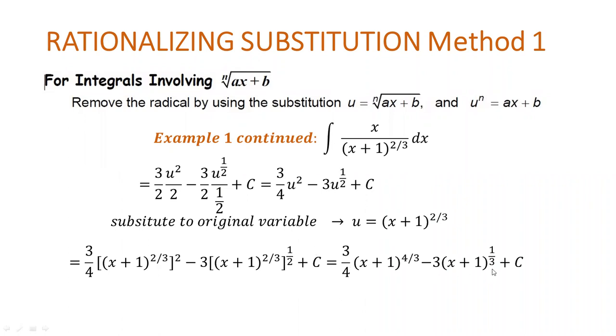Then simplify. I'm sure you know how to simplify and apply rules of exponents the way you have learned it in your algebra. So this is one example that illustrates how you use rationalization together with substitution, or how you use substitution to be able to rationalize a given integral.